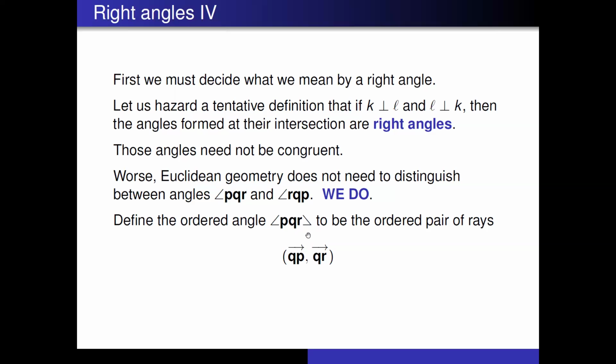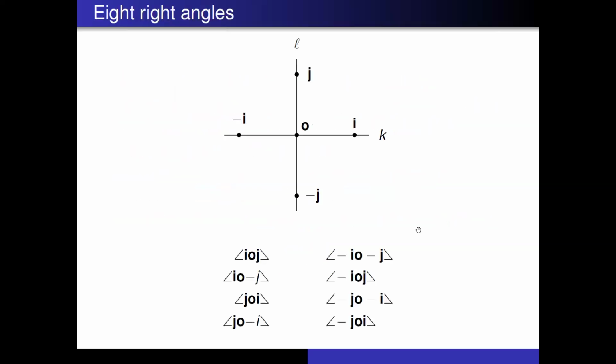So let's use this notation to do an ordered pair of rays. So, for example, here's the coordinate axes. There's actually 8 angles here.